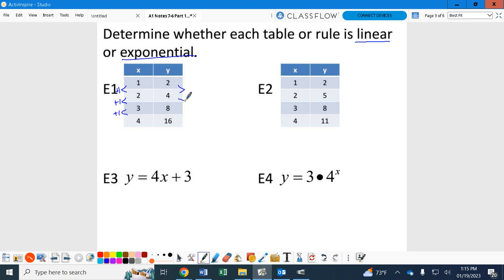What is it doing on this side every time? It's not adding 2 every time. It's actually multiplying by 2, which is different than what we've ever done before. Now we're looking at a constant change that is not adding something every time. It's actually multiplying by the same thing every time.